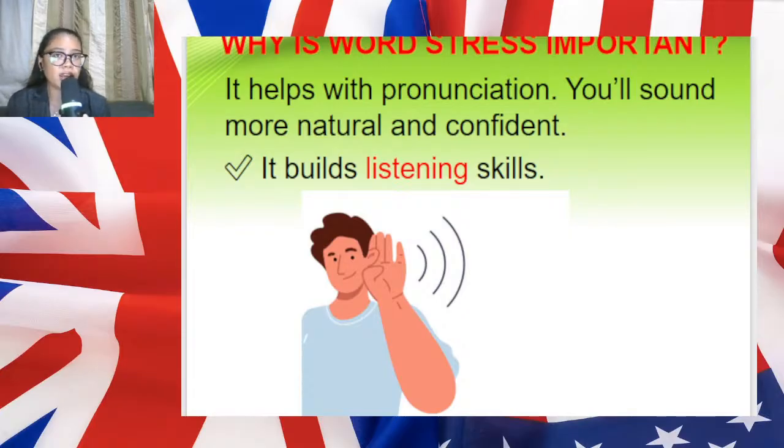They link words together. We call it connected speech. And they naturally stress certain syllables while reducing others because that's the language that they were born into. So they're already used to it. They're not conscious about it. Okay? So you might catch a few sounds but not the whole word usually.